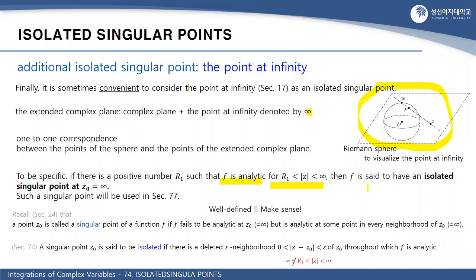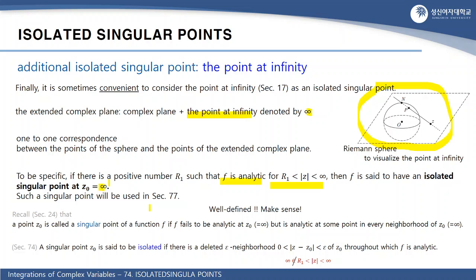We said f has an isolated singular point at z naught equal to infinity. What I mean is the point at infinity. This definition is quite well defined. Yeah, makes sense.